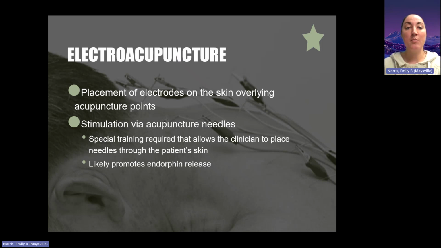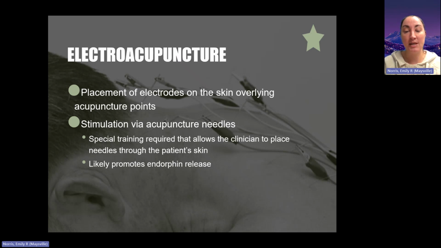So typically in PT, we don't use a lot of acupuncture. What we use is dry needling, which is a longer needle and it goes all the way to the bone and has a little different effect than acupuncture. The only issue is typically PTAs cannot at this moment get certified in dry needling.